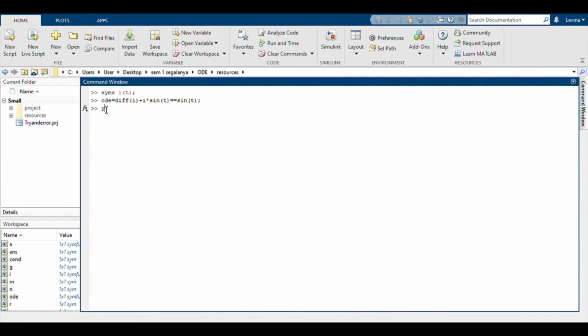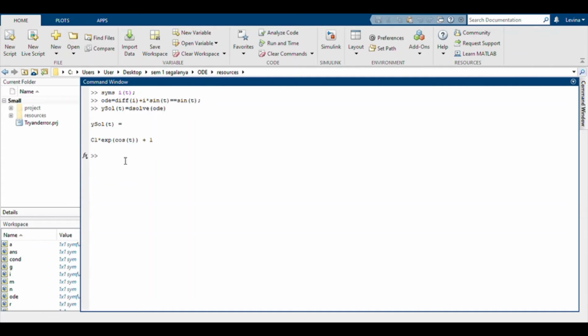And then we solve the equation. So this is the answer that we obtained from the simulation. From here we can verify that the answer is the same with the manual calculation.